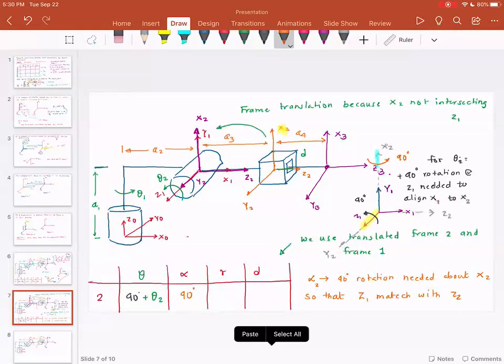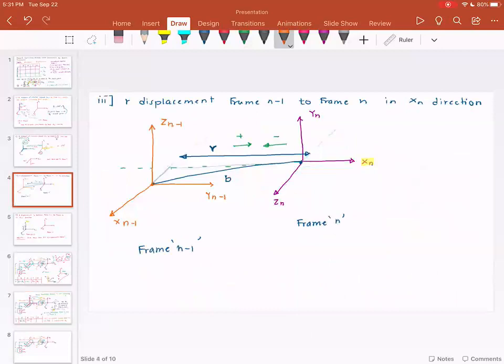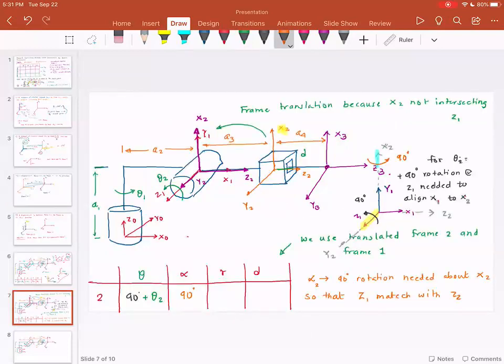Now let's look at the third rule, for r. R is the distance between frames along xn. So let's look at xn. But since these two frames are aligned, the distance between those two is 0 because we are looking at the translated frame. So I need to write this down here. Since we are looking at the translated frames, these distances are 0.